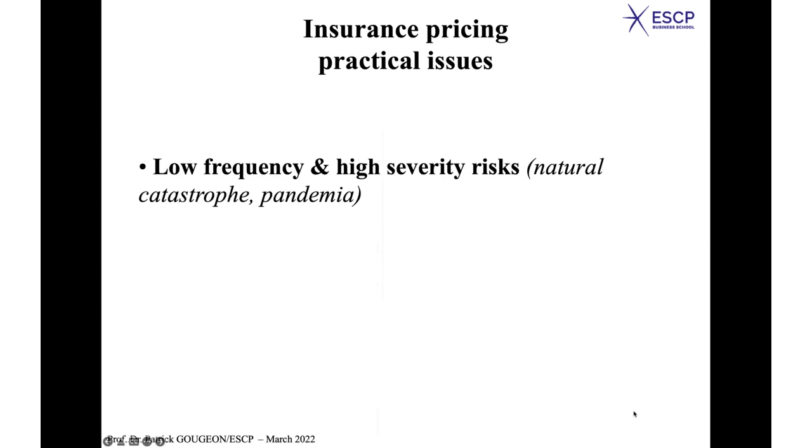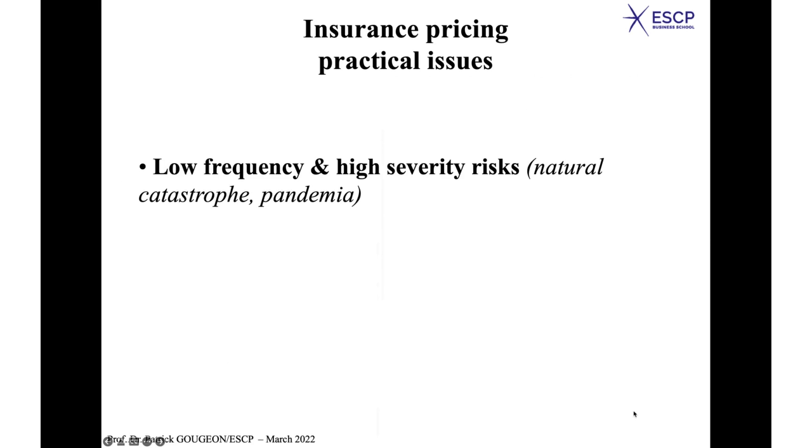What if you have to deal with risks which are hopefully very unlikely, but when they occur, they are very severe, low frequency, high severity risk? Typically the case of natural catastrophe, pandemic, and things like that.